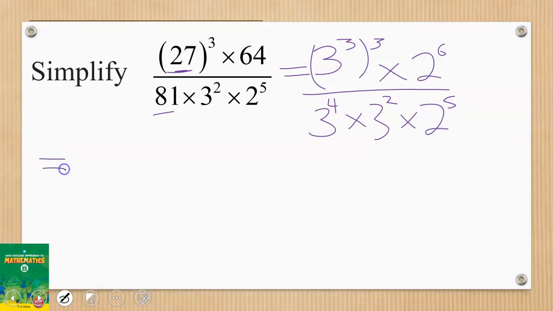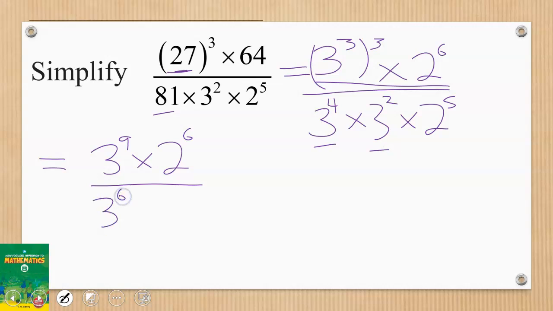If you move down a bit, the numerator side, we can have 3 exponent 9 times 2 exponent 6, all divided by this, and this will give us 3 exponent 6 times 2 exponent 5. You see that now?